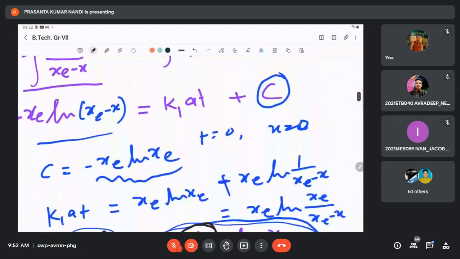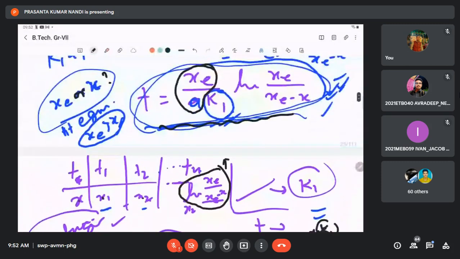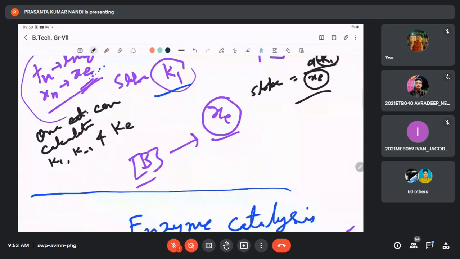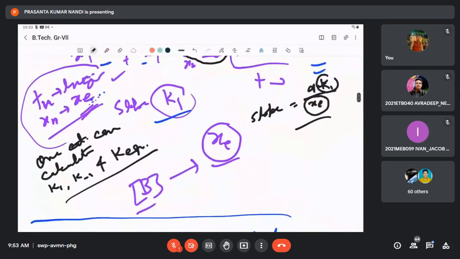So what we get from this study is that we can calculate rate constants K1, K minus 1, and the equilibrium constant of the reversible reactions. From this kinetic study, one can measure all these quantities.